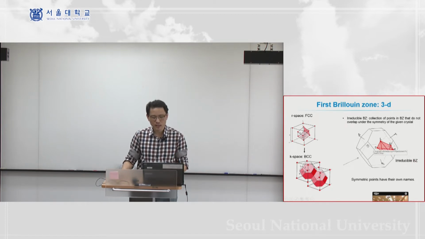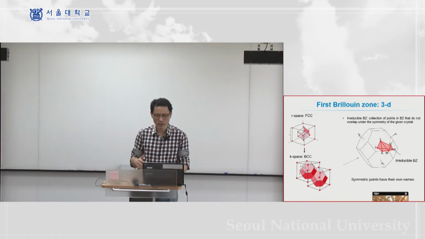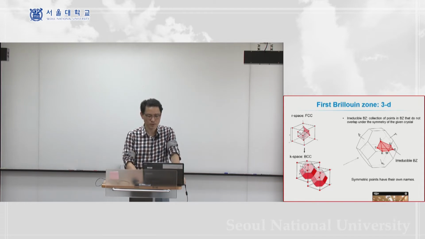Some other K points, by applying some symmetry, can overlap with a certain point in the irreducible Brillouin zone, so physically they are equivalent. You will see how this can be applied in our calculations later when we deal with K-point sampling. Also, specific K points that have high symmetry are called special points, and each of these points has its own name.